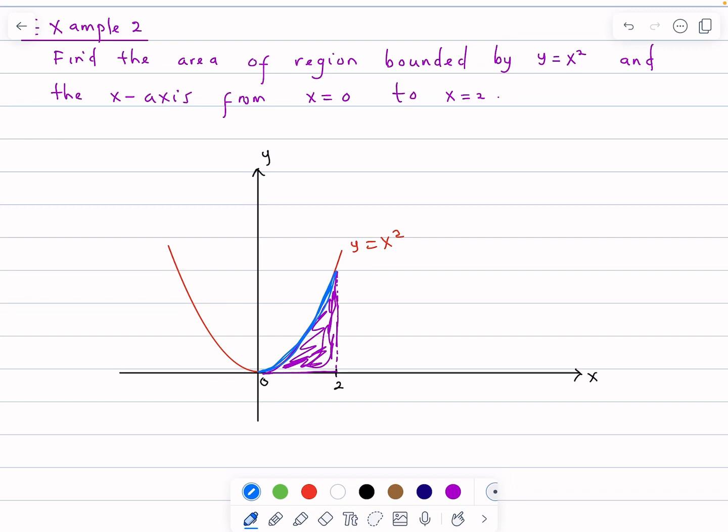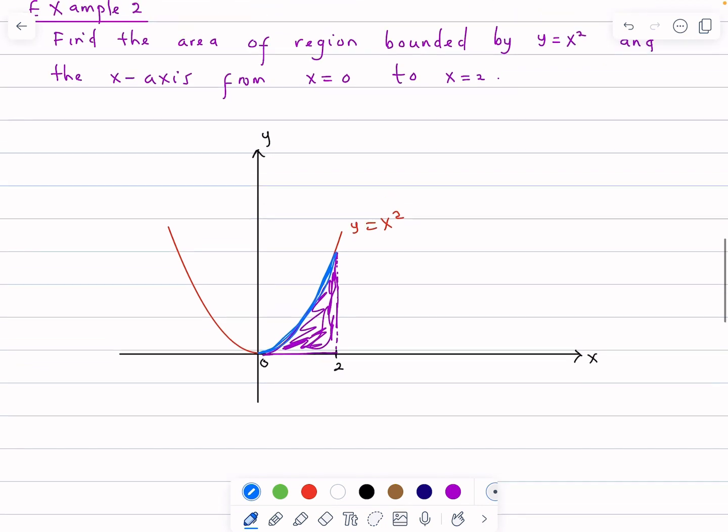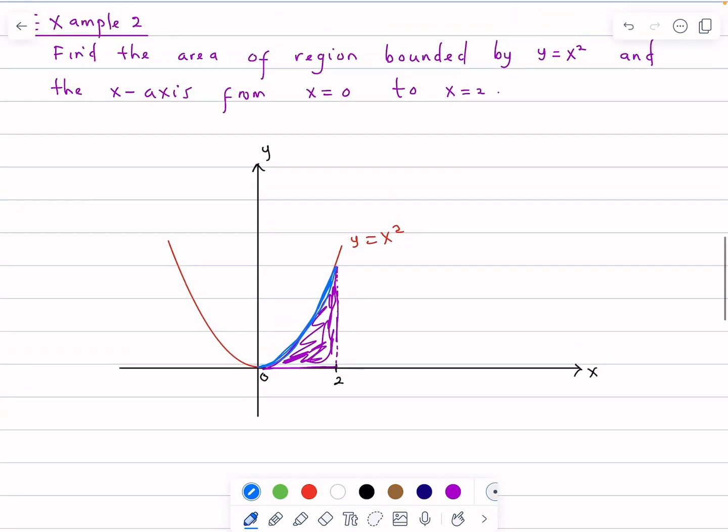So this is where using the method of integral is better and simpler, because finding this area can be difficult since that part, the blue part there, is not a straight line.